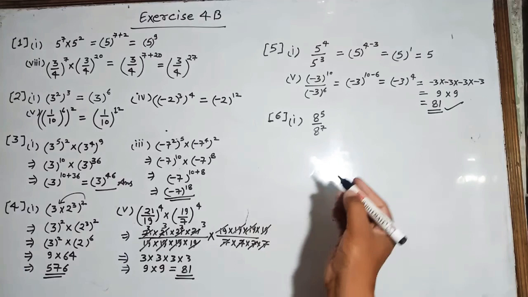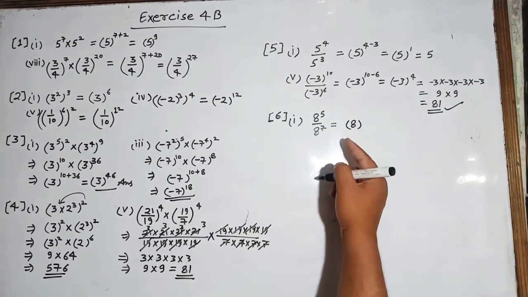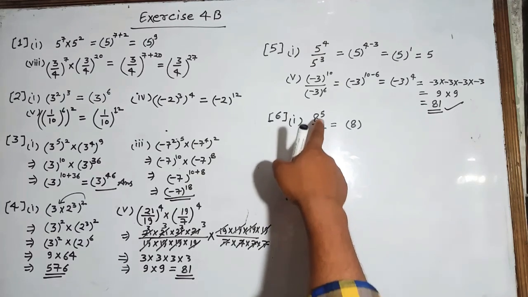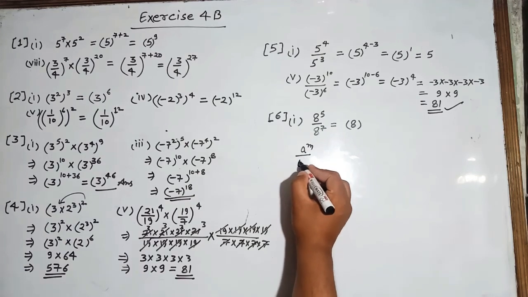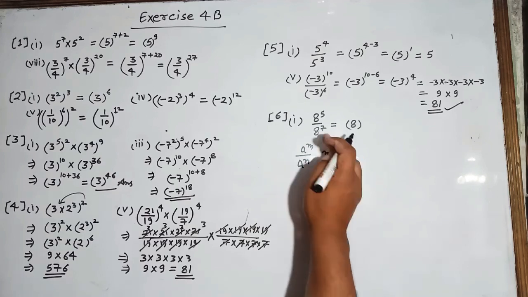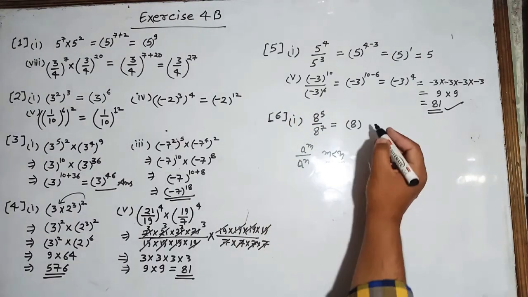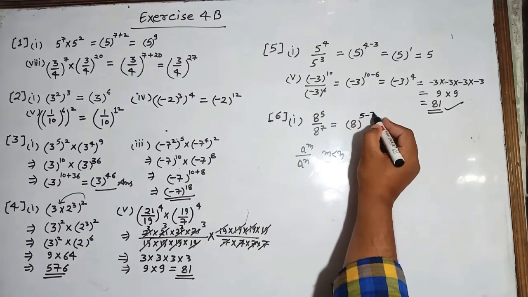You know that the base is same, so in division the power will get subtracted. This is the same case, only the difference is that here m, as we have learned, a to the power m divided by a to the power n. So this is the case when n is greater. You can see that 7 is greater than 5. So what we will do is subtraction, 5 minus 7 we will write.